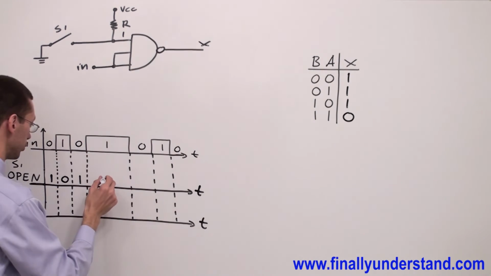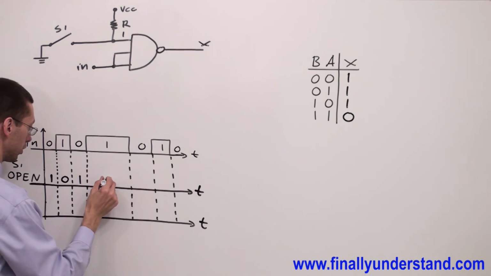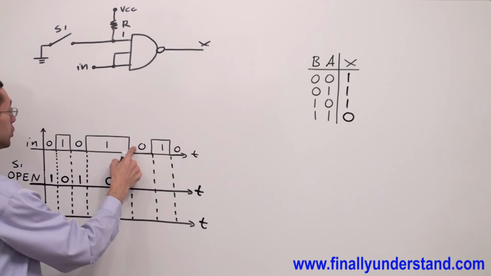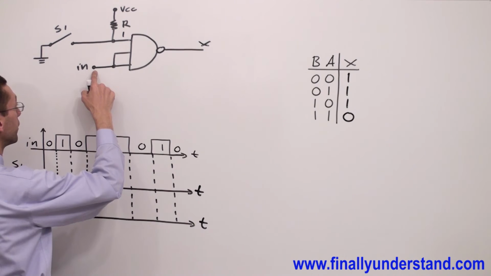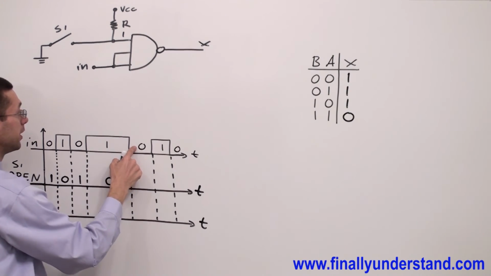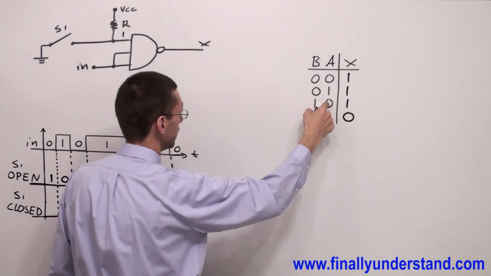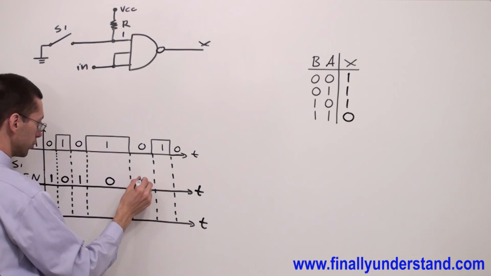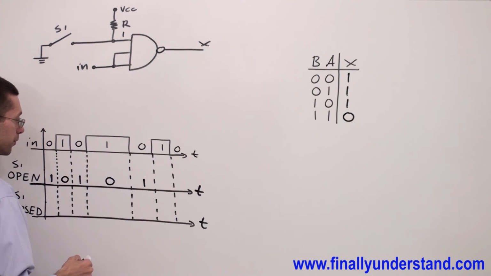That's why I'm going to write low over here, 0. If this 0 will come to the input, anytime a NAND gate is receiving 0, output is equal high. That's why I'm going to write high over here.